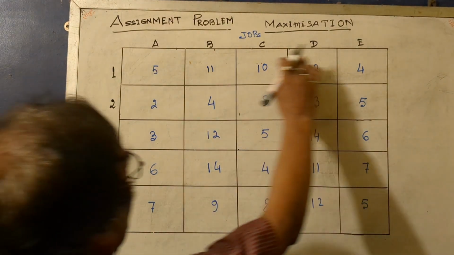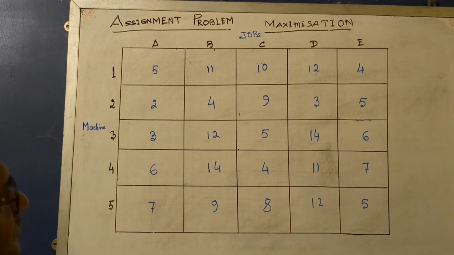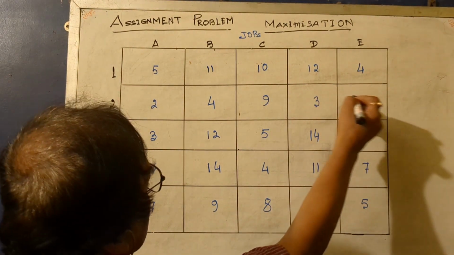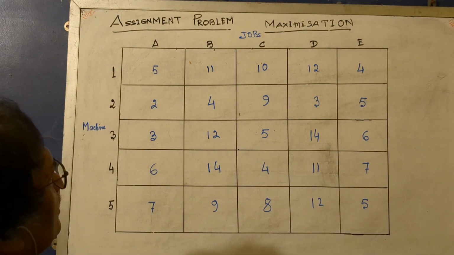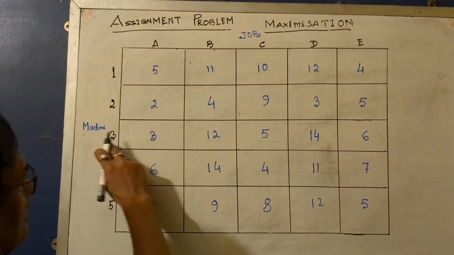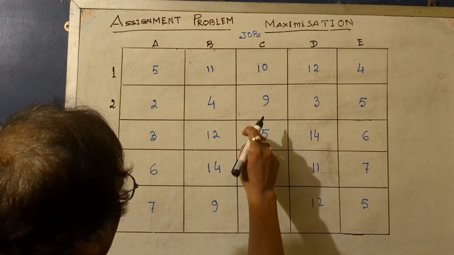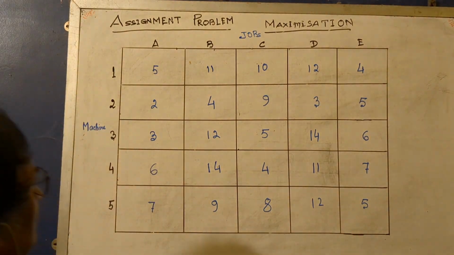There are 5 jobs A, B, C, D, E and 5 machines. And the figures are not cost or time. This is the profit figure. Say, if the job C is completed by this machine, then the profit will be say rupees 5. 5 maybe million, maybe lakhs, like that.